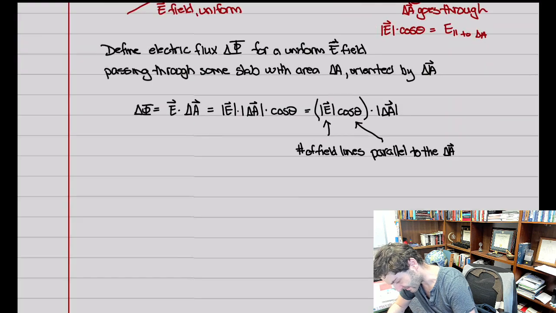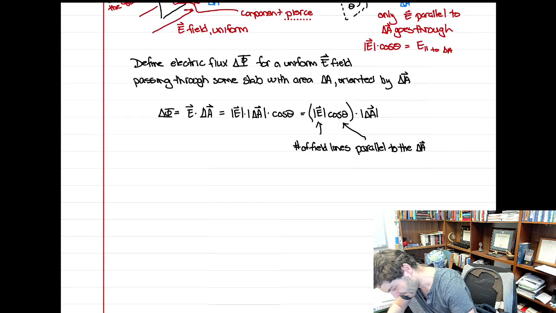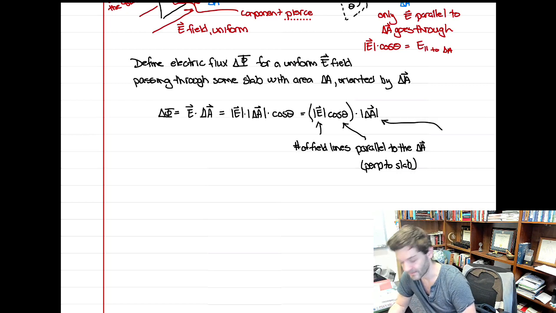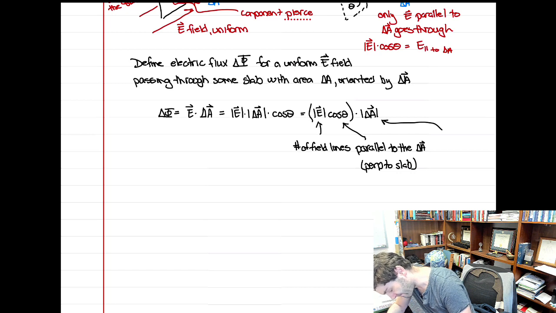So parallel to the vector A, or we might say perpendicular to the slab itself. And then that includes how much area, multiplied by the area of the slab, delta A.